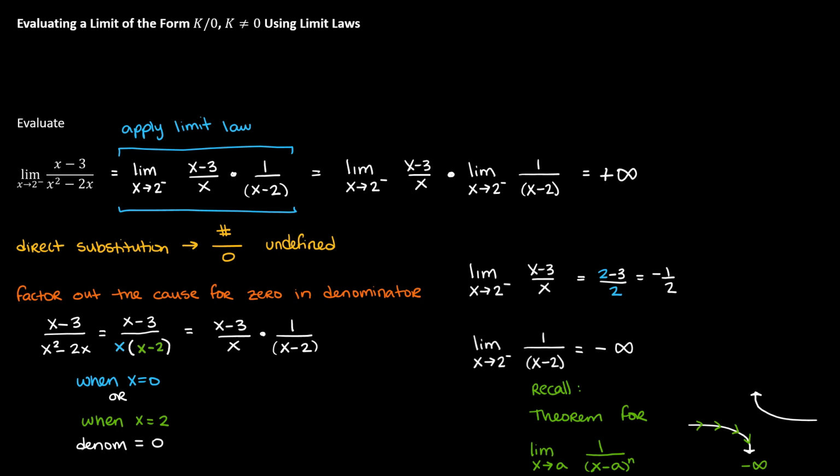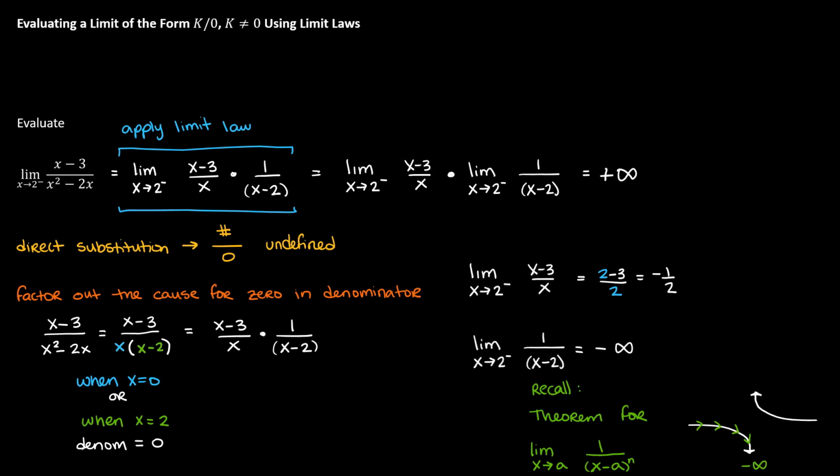Or say our function was a little bit different, and in the denominator, that factor that's causing the 0 has an exponent that's even rather than odd. Then we would use that theorem again, and we would say, well, even functions behave the same on both sides of the asymptote, so it doesn't matter if you're coming from the left or the right, it would be going up to positive infinity for that factor of the function.